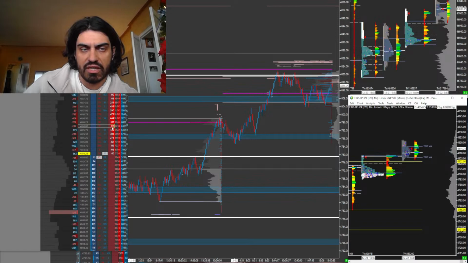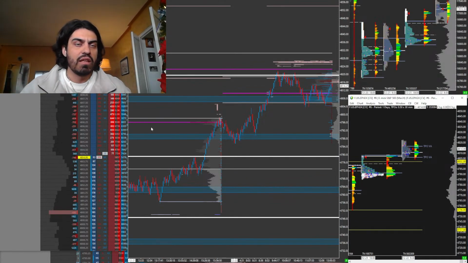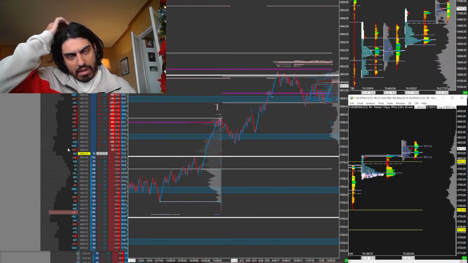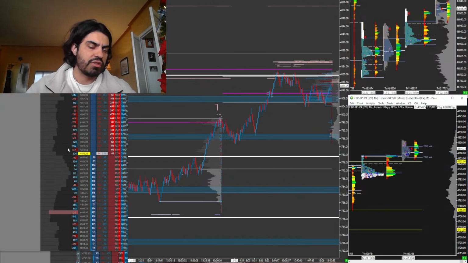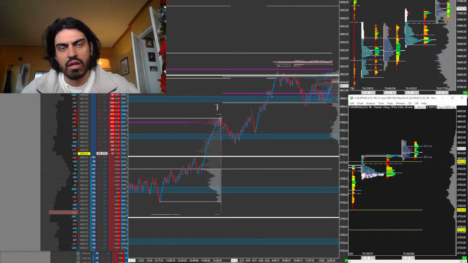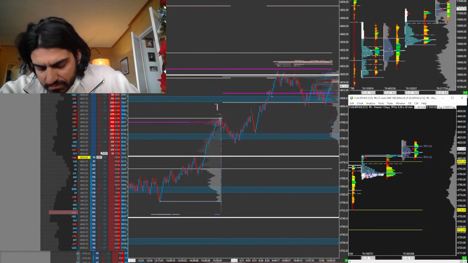Big passive orders step down to 16, pushing prices away, and you're getting a lot of positive delta of buyers trapped into this high. If someone goes at market right now, 300-400 on the sell side, and dumps it about a handle, I think this is what sparks a reversal at this point.